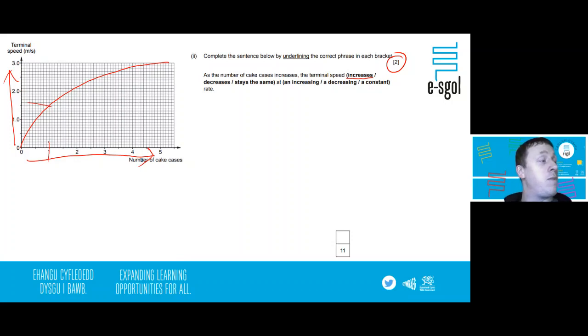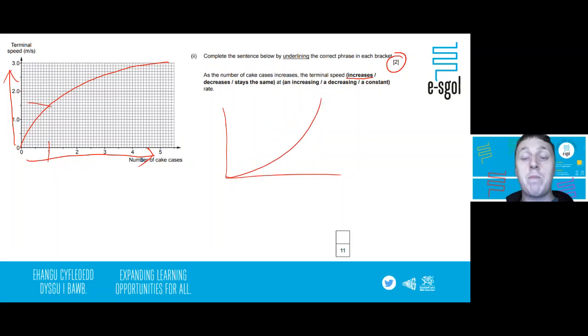However, you might find the trickier part of the question is seeing at an increasing, decreasing, or a constant rate. So this would require you to remember certain shapes. A constant rate would be a graph in which the line does not change its slope. So the steepness is remaining the same, and that would be constant, which is not what we are seeing here.